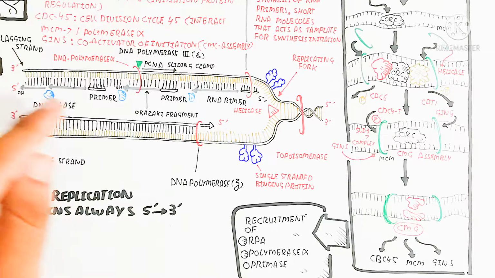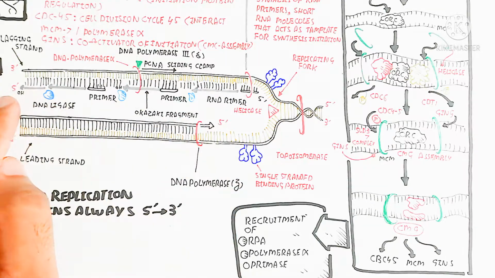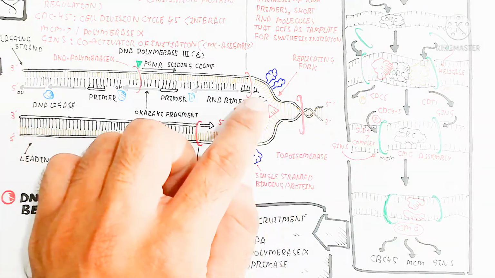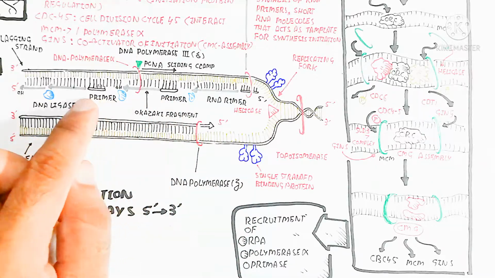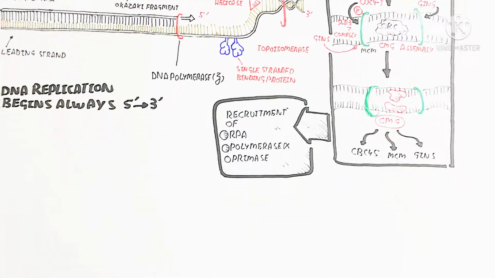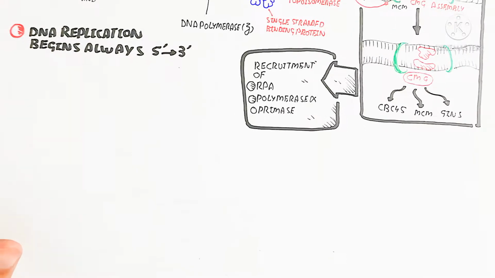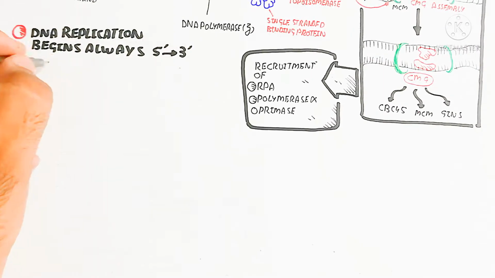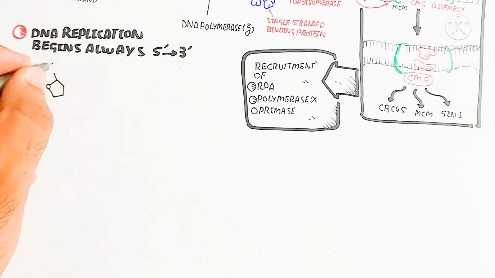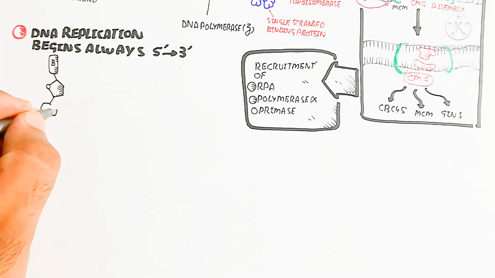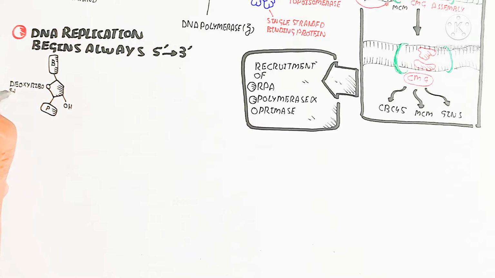On the other hand, an important thing I will discuss is near the replicating fork. Here is the replicating fork, which has a problem that the telomerase enzyme will solve. We will discuss it later in this video. First of all, I want to explain in detail why DNA replication always proceeds 5 prime to 3 prime.